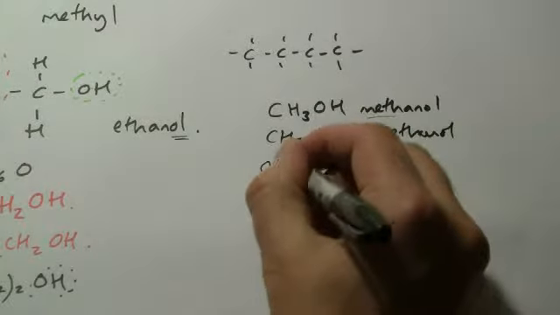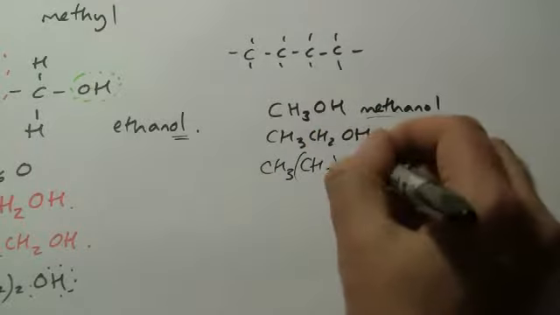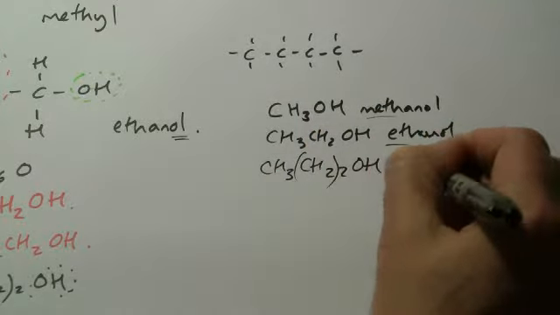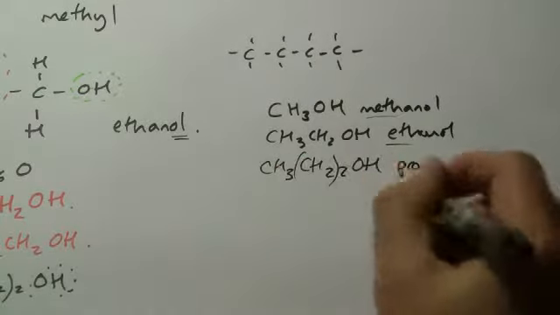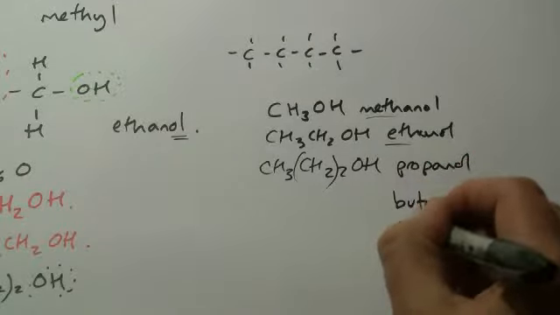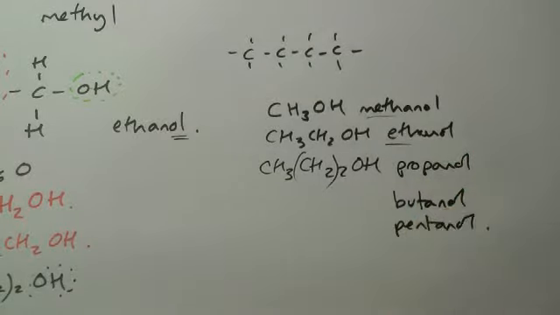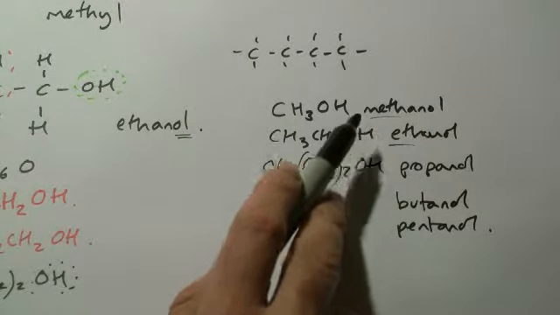Methanol, ethanol. If I keep going, the next one is propanol, and all I'm doing here is adding extra CH2 groups in the middle. Next one up, butanol, pentanol, and you might even begin to recognise these from the alkanes that you did.